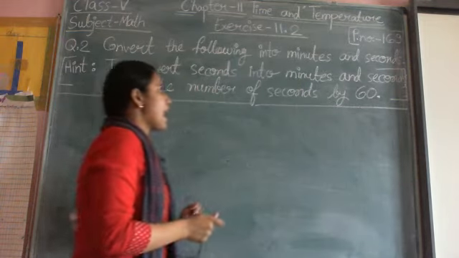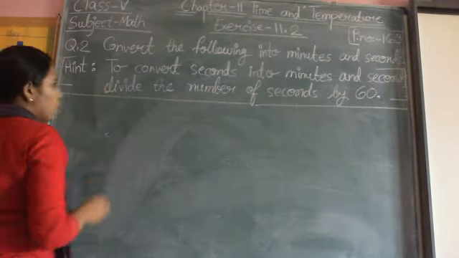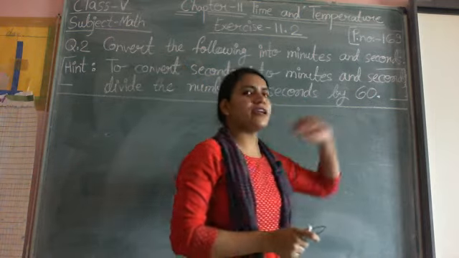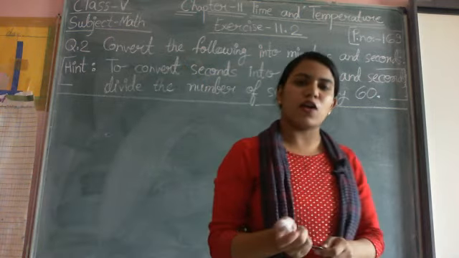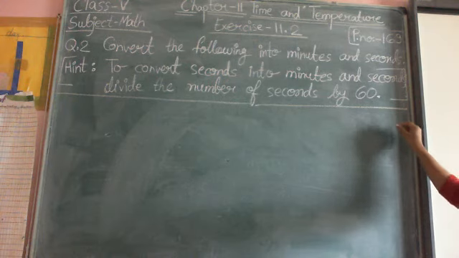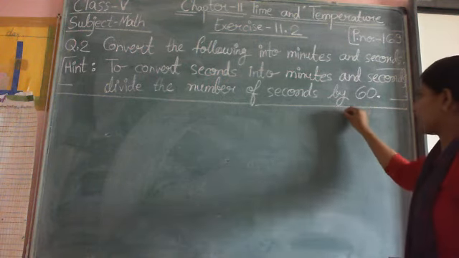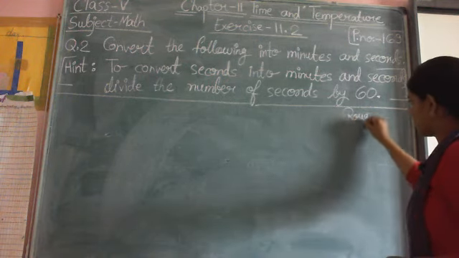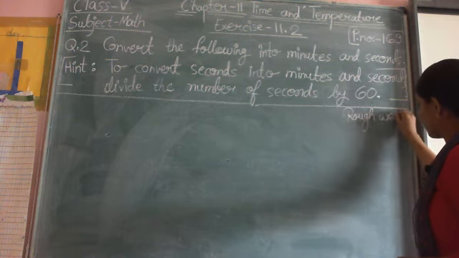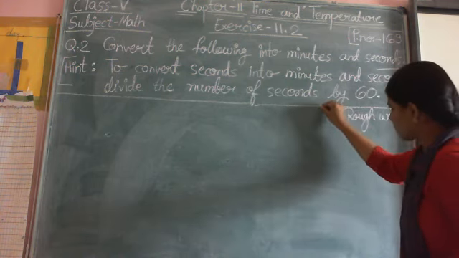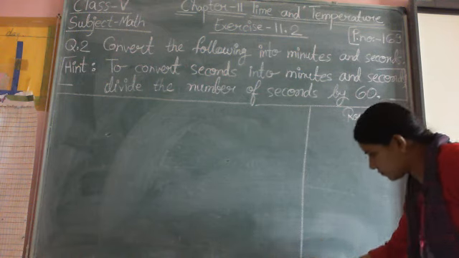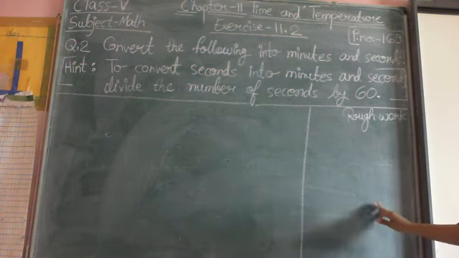As you know that we will divide by 60, we will require the table of 60. So, in rough work, I am writing the table of 60. This portion is for rough work.